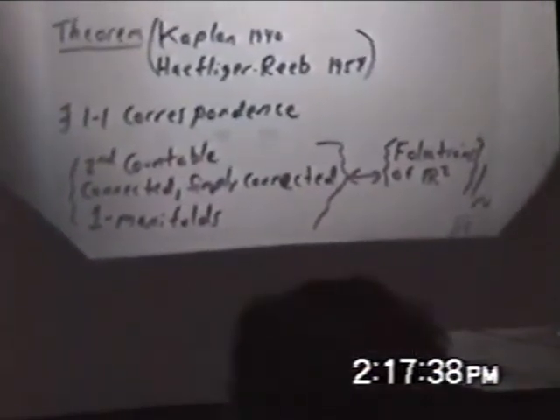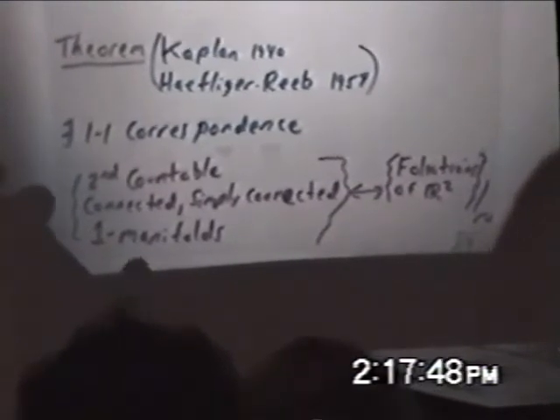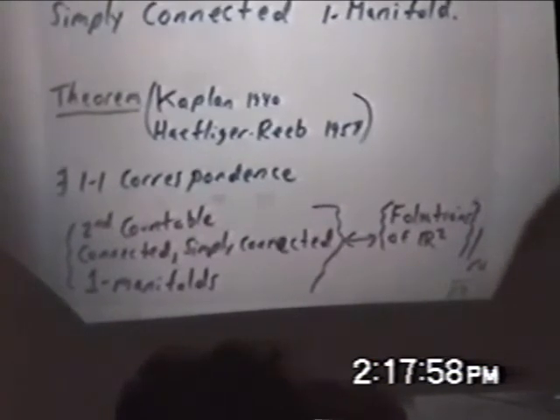Well, there are maybe more foliations of the plane, but if you take the foliations of the plane by lines, and mod out by some little equivalence relation, those exactly correspond to the simply connected 1-manifolds. If you take a foliation of the plane, its space of leaves is a simply connected 1-manifold, second countable. And conversely, given one of these, you can construct a foliation of the plane. Now, here are some examples to think about.